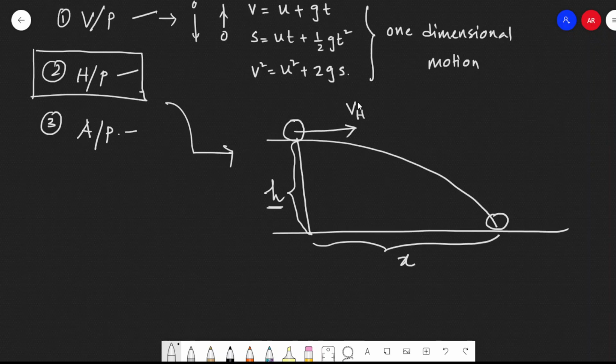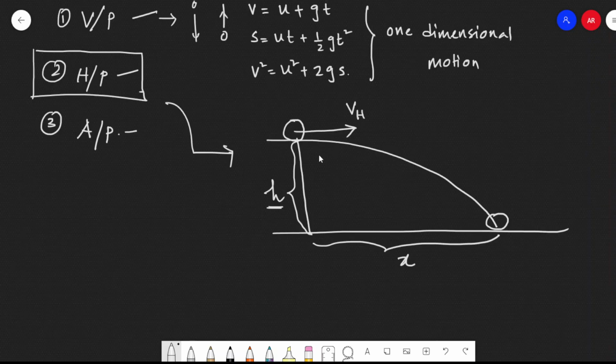Though we projected the object with horizontal velocity, the object is no longer going to continue its motion in only the horizontal direction. So the object is eventually going back to the ground and hitting the ground somewhere at this point. So the object has both horizontal and vertical motion.